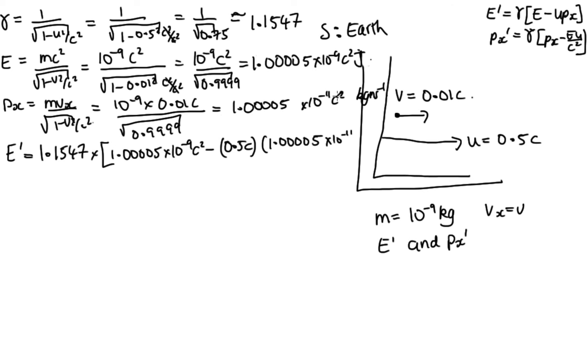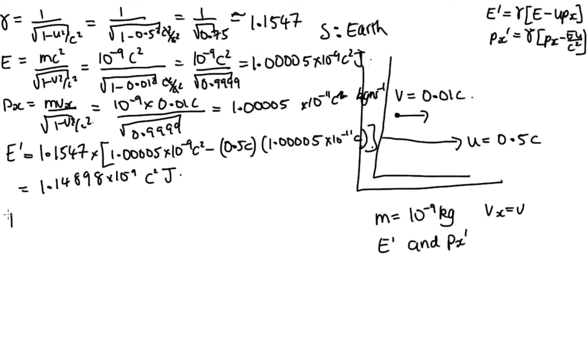That shouldn't be a c squared, it should just be a c. Okay, solving this one on the calculator, we end up with E prime equal to 1.14898 times 10 to the minus 9 c squared joules.